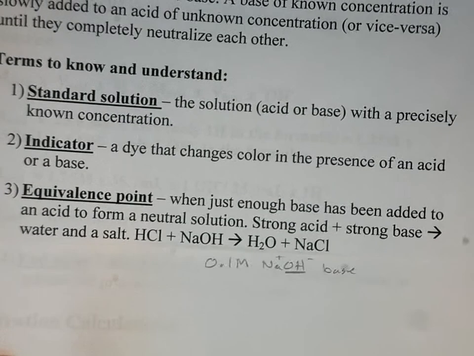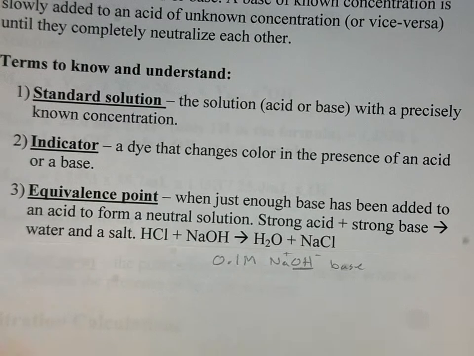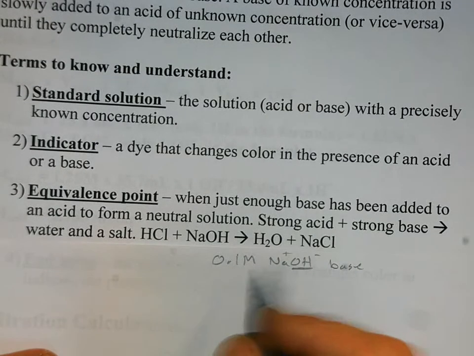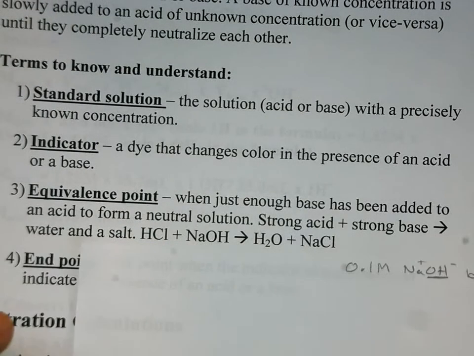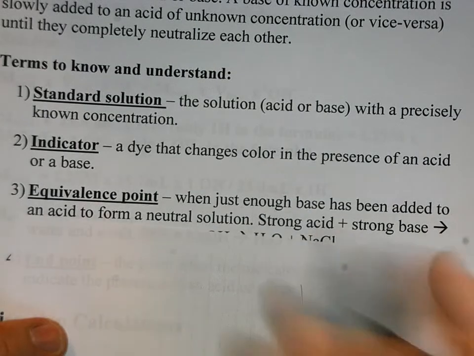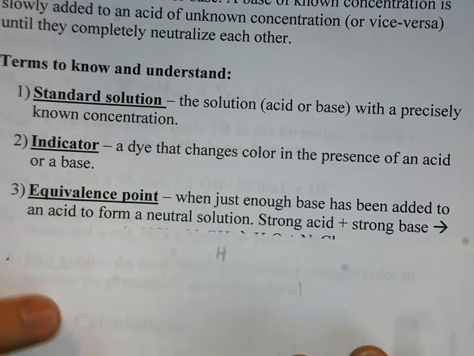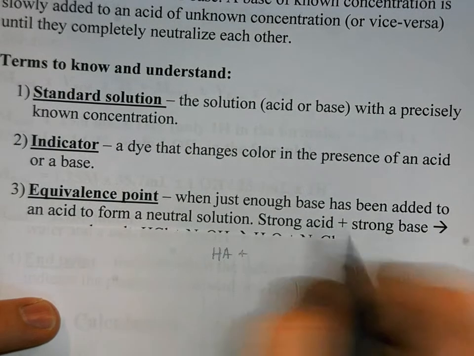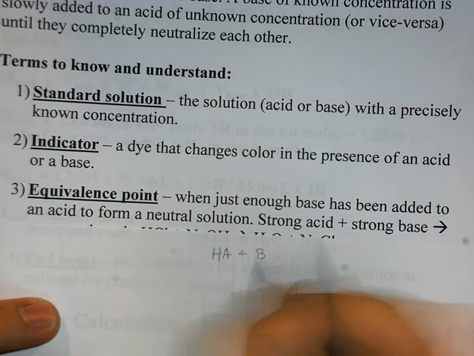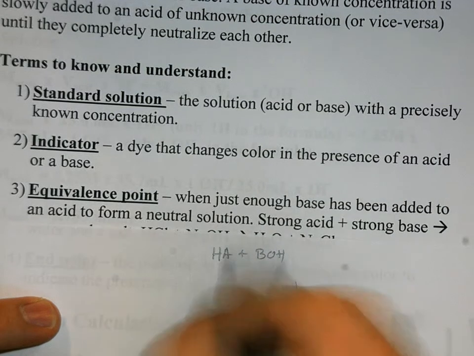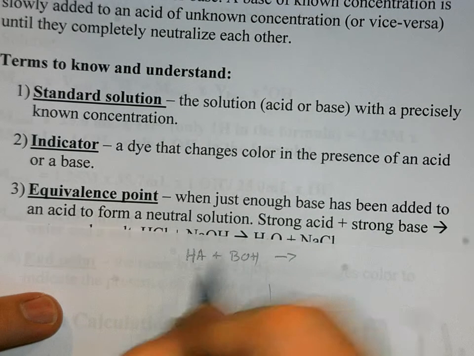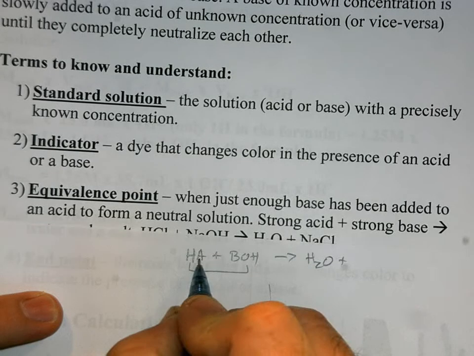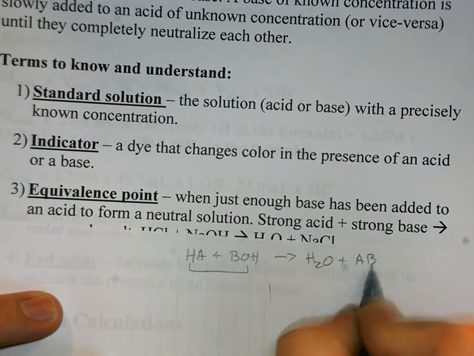The equivalence point. This is when just enough base has been added to an acid to form a neutral solution. Because the basic equation we've got when we do these is that we're going to take hydrogen, which is an acid, I'll call that HA. Don't write this down, please listen. We're going to add it to a base, which we will call B for base, with OH. And those two will react, and what they're going to form is water plus, I'm going to call it compound AB.